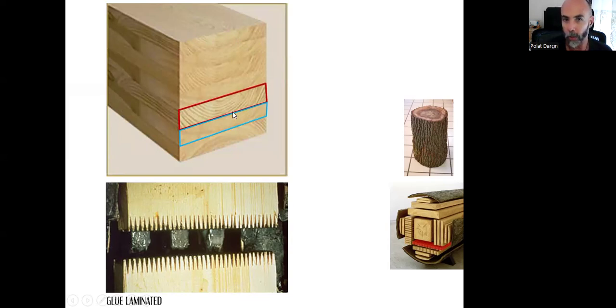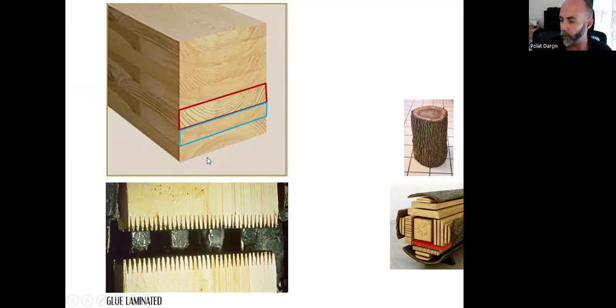And if you take a closer look here, there are two neighbor pieces like that. And the first one, it's positioned like this. As you can see, this pith is in that direction. So the growth rings are like this. And the other one, it's positioned in the opposite direction. Its pith is in that other direction.